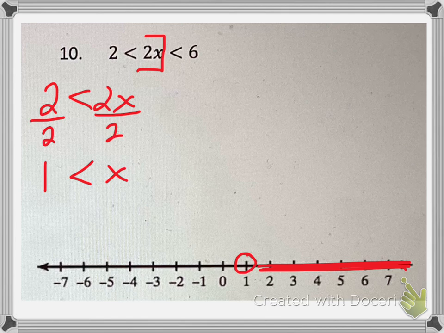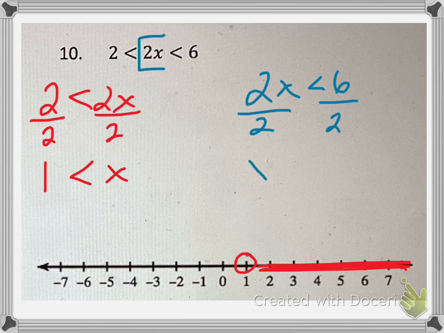Okay, now I'm going to do it again, but I'm going to go with the other side. I'm going to take this here and work that one. So 2x is less than 6. I'm going to divide by 2. X is less than 3. So in that case, now I'm going to put an open circle on 3, and it's less than.